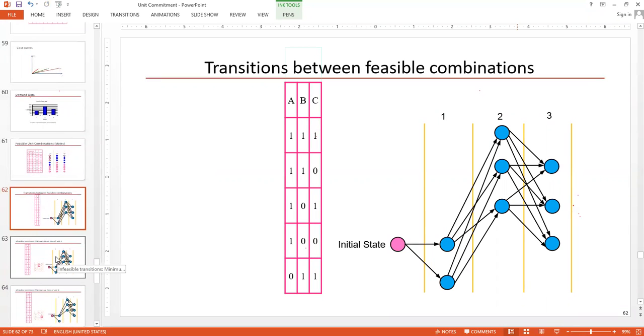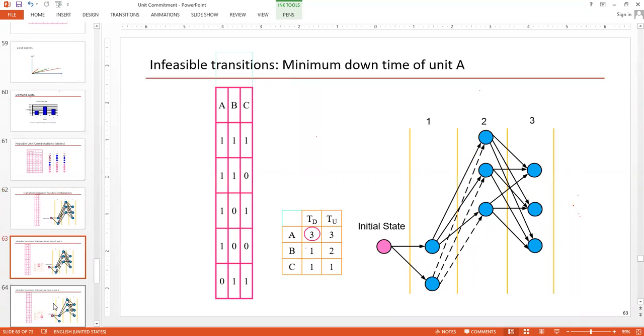So for feasibility, we will now take into account the 2 minimum times. One is the minimum downtime, another one is the minimum uptime. And thus we will be finding out some infeasible transitions in this slide. So now let's start with the minimum downtime of unit A. These are the minimum downtimes, TD, and this column is the minimum uptime for each of the units, TU.